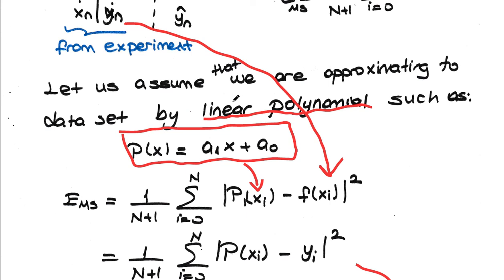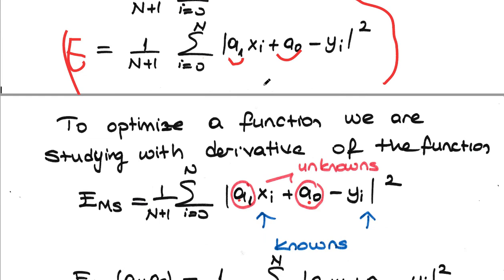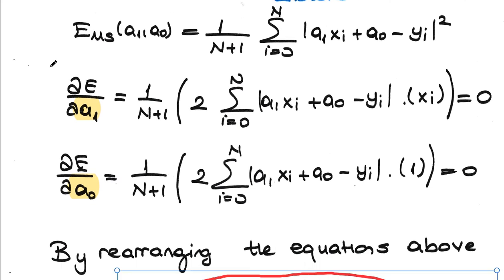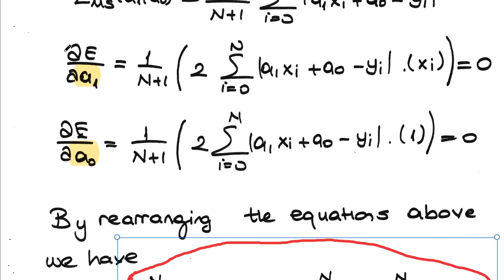You will do the same analysis, but if you choose quadratic, for instance, you will have a2, a1 and a0 as your unknowns. So the derivation will have one extra equation, which is del E over del A2.